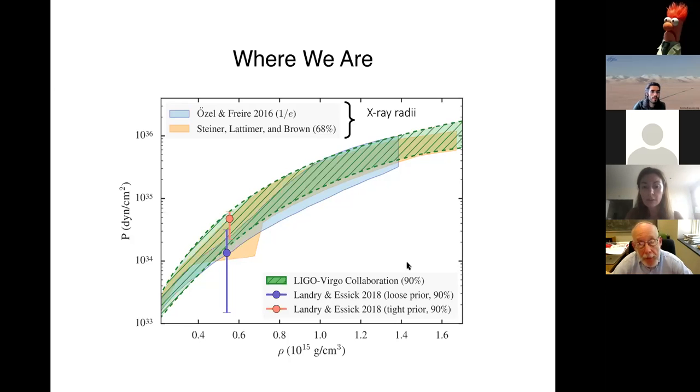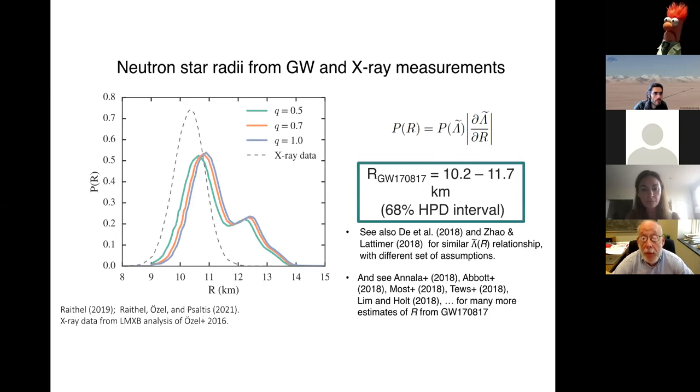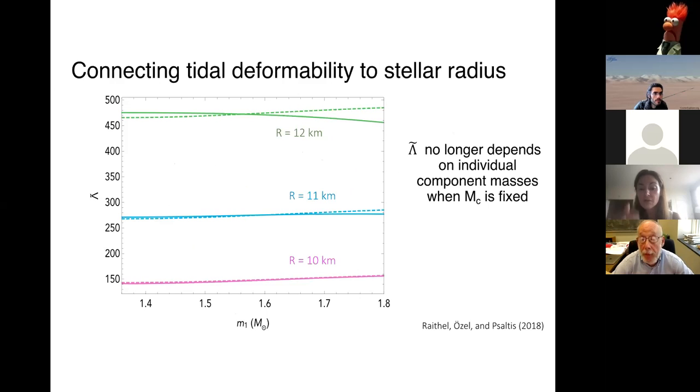Yes, it is definitely dependent on the chirp mass. So, oops, I should try to go back. All of these are for a fixed chirp mass. The trick to this mapping is that you use lambda tilde and you use the chirp mass, but you vary Q, which it's very insensitive to.